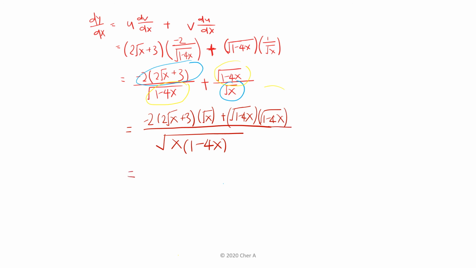Alright, so now they are in a single fraction and I'm going to simplify the numerator. So I have minus 2 square root x times 2 square root x plus 3, plus these two are square roots, so when I multiply them by each other, I'll be left with the function 1 minus 4x. So putting down the common denominator.